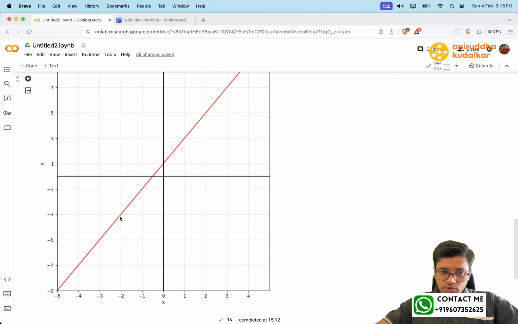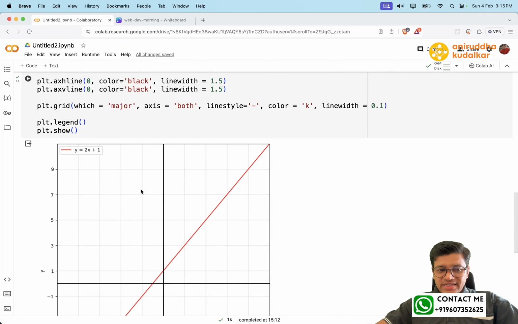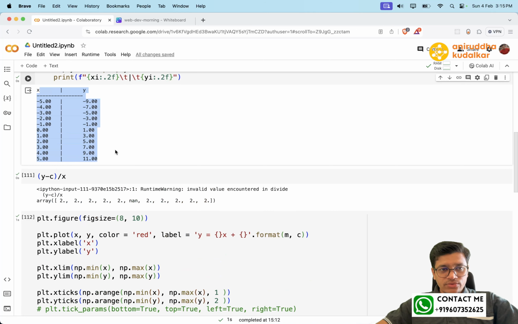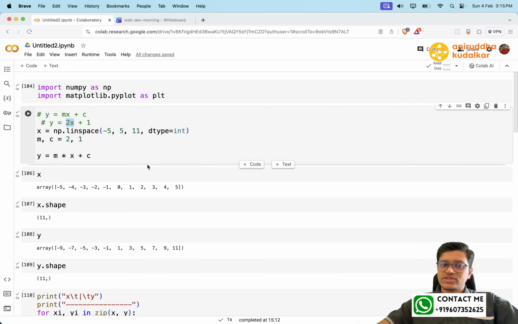If x is minus 2, y is minus 3. If x is minus 1, it's minus 2 plus 1, which is minus 1.